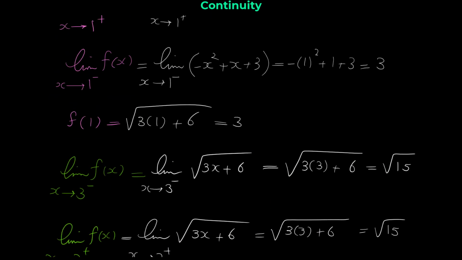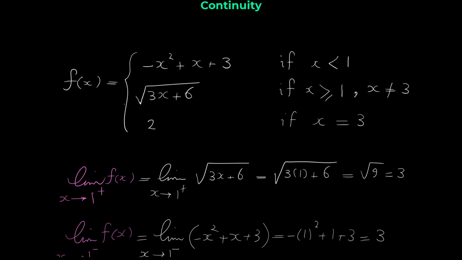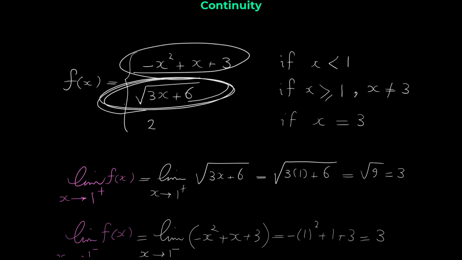And of course, this piecewise function here is continuous at other points. We checked only point 1 and point 3 and not any other points, because this expression here is continuous for all other values that are less than 1. Radical 3x plus 6 is always continuous if x is greater than 1.